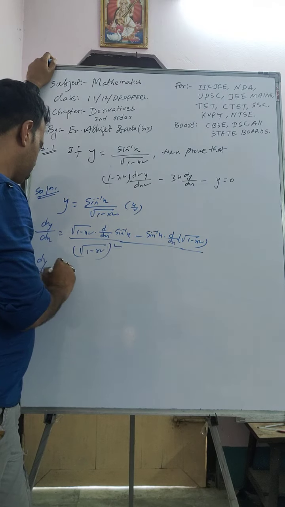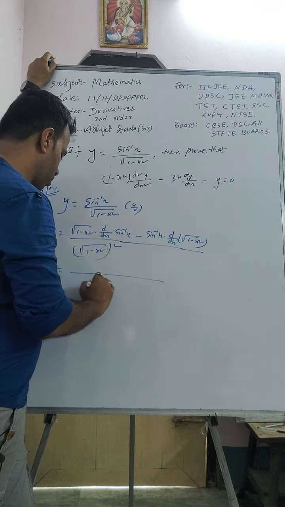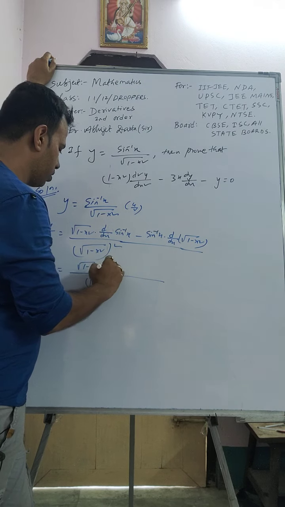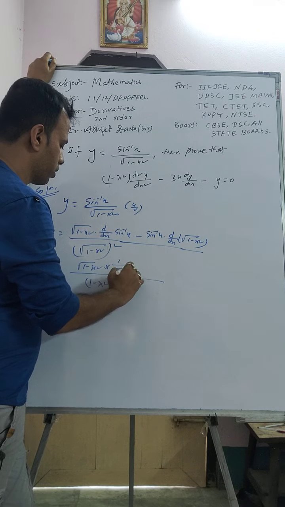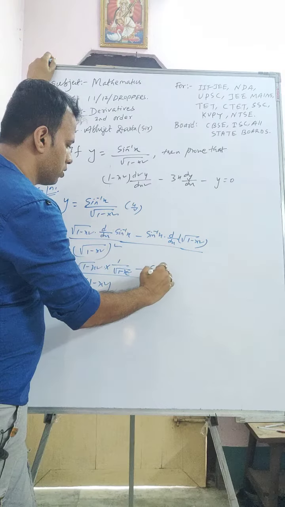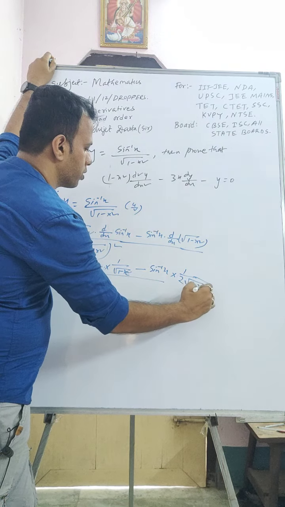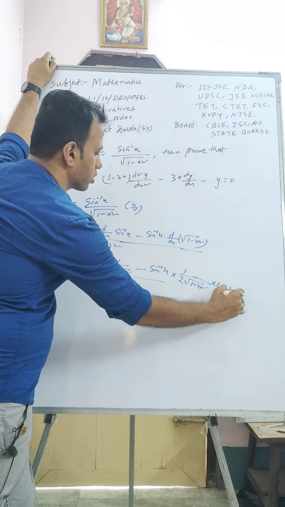Now d by dx of 1 minus x square, so 1 by 1 minus x square, sin inverse x, that is 1 by 2 root over 1 minus x square, that is minus 2x.